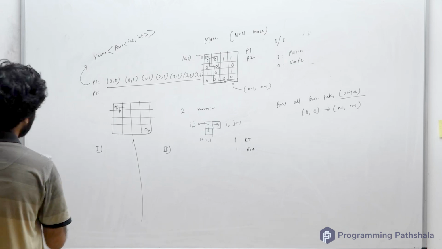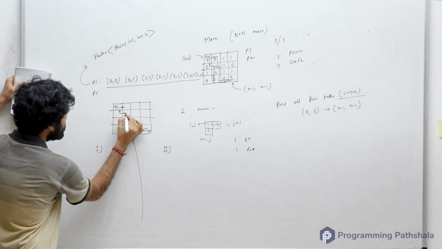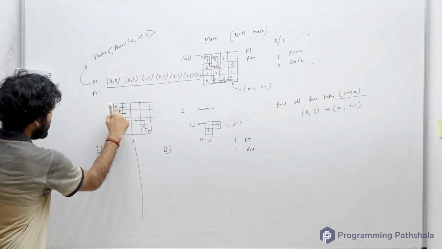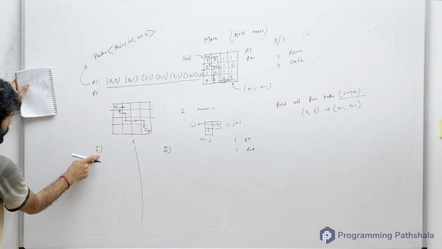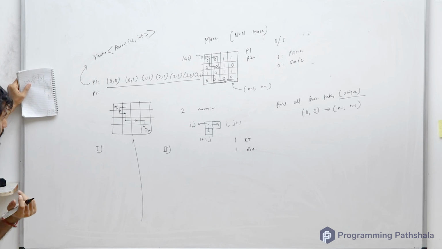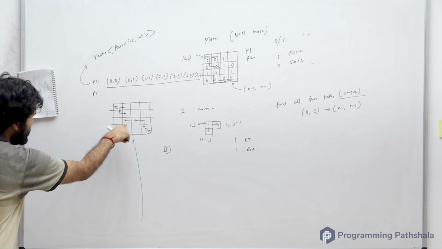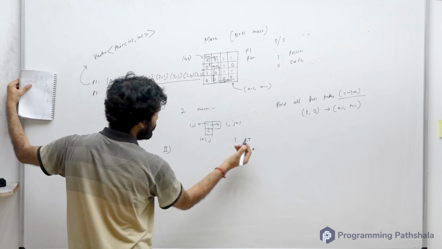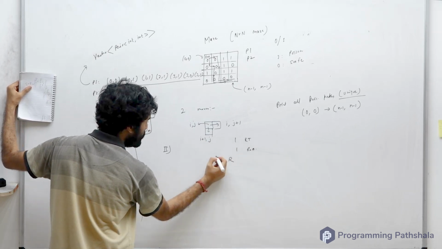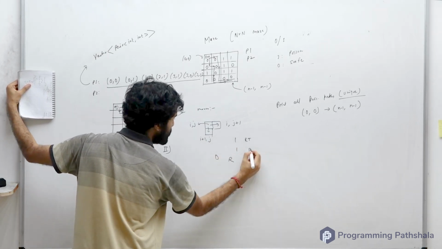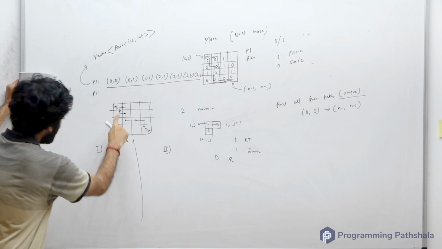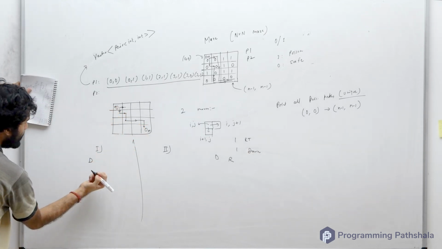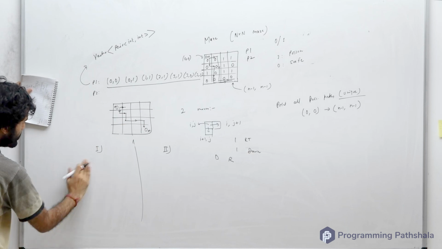Because you take any example, so a path like this belongs to category 2, right? Because at the end of the day, every path can be thought of as a string. For right movement I am saying R, and for down movement I am saying D. So corresponding to this path I could have said that this path is D, which is down, and this is for right movement.